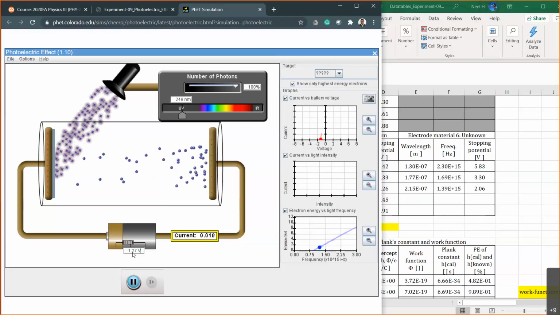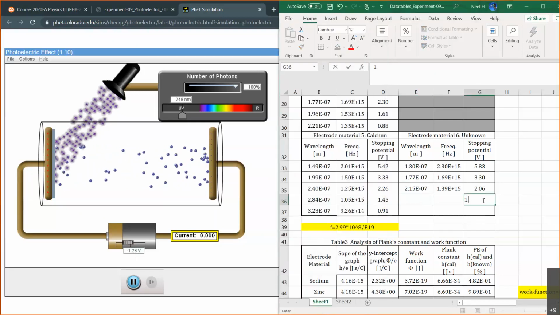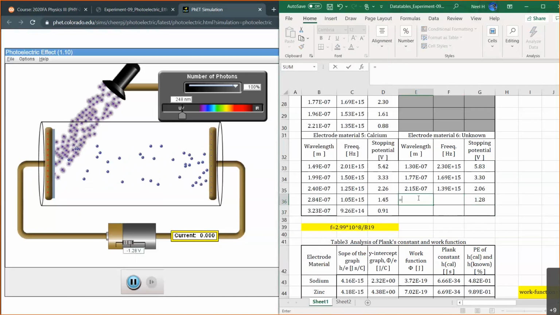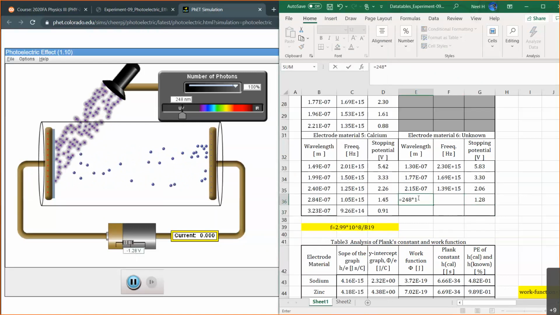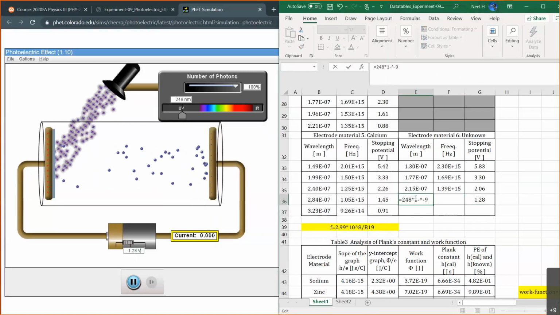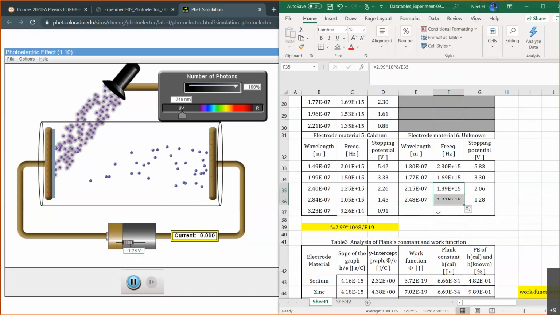We have a current. 1.28, current is 0. So 1.28. And the wavelength is 248, multiplied by 10 to the power minus 9. Frequency you can click and drag.